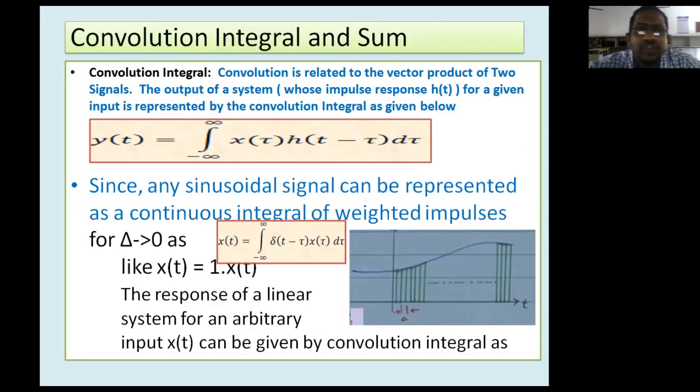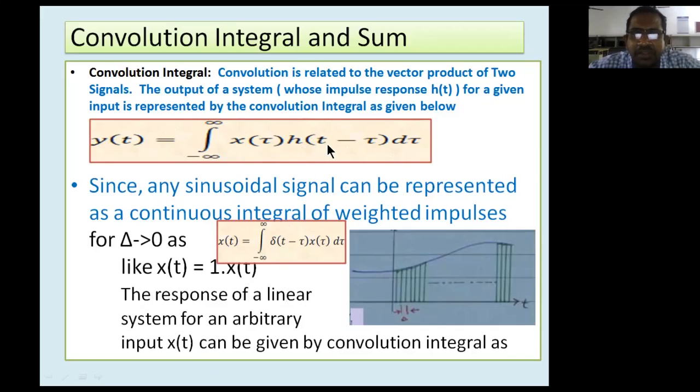How can we define this? y of t is equal to the integral of x of tau h of t minus tau d tau. What am I doing here? I am simply multiplying the response of the system with the input signal. Now here, how am I multiplying this?